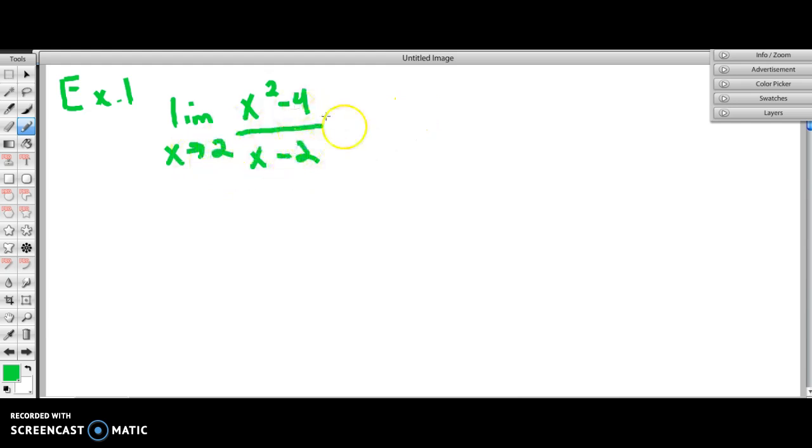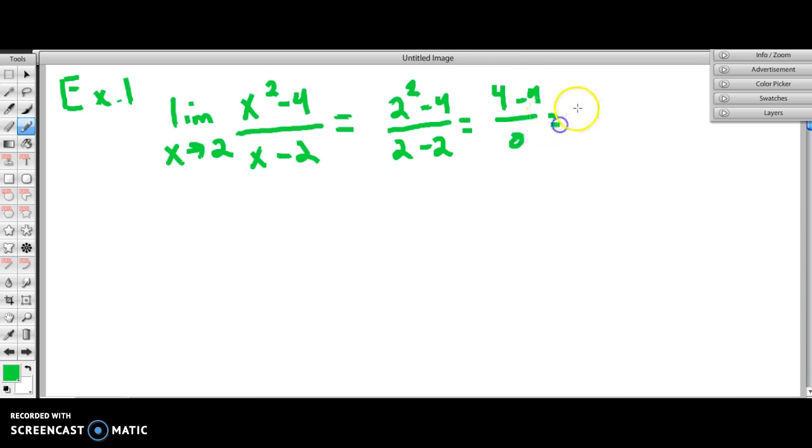If you haven't taken calculus or dealt with limits, your intuition might tell you to just plug in 2, and you'll do 2 squared minus 4 over 2 minus 2, which is 4 minus 4 over 0, which is 0 over 0, which is undefined. That may be true, but it may not be.